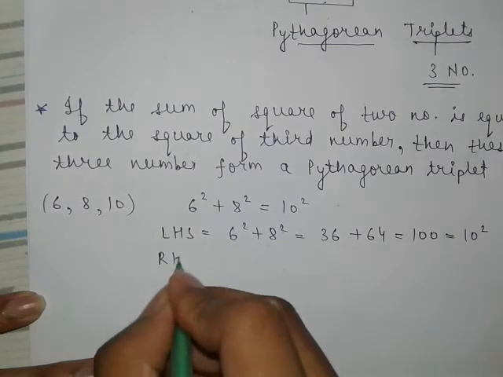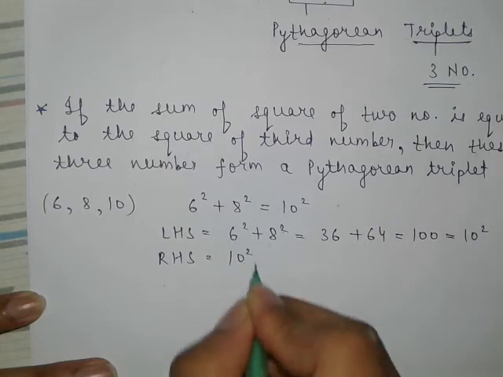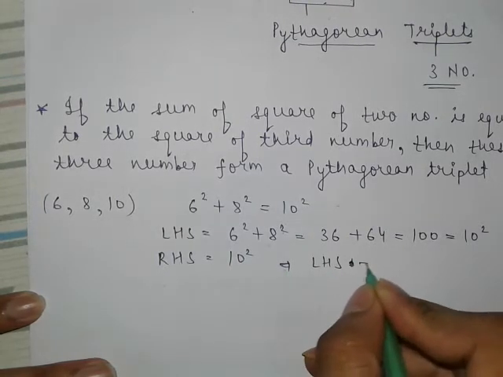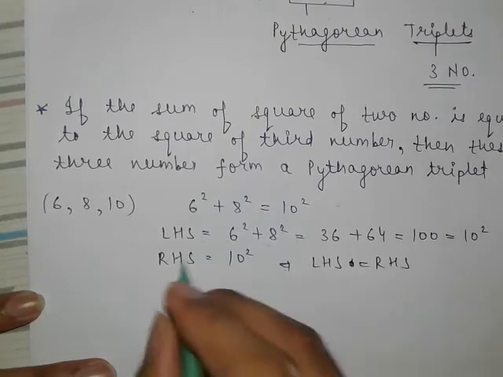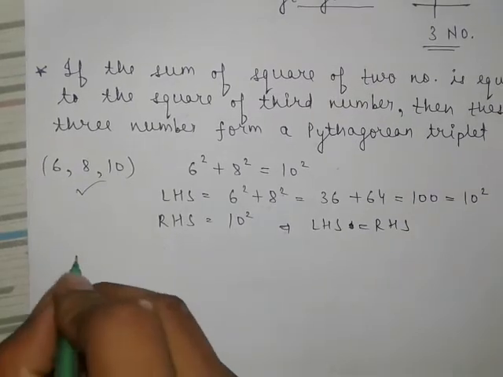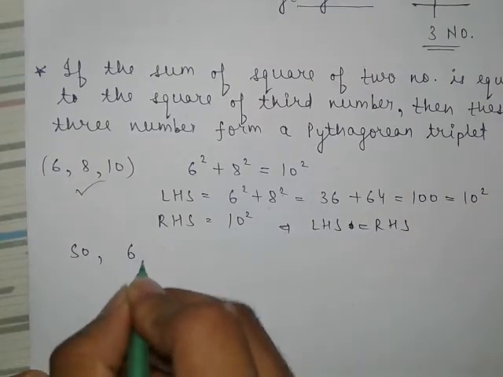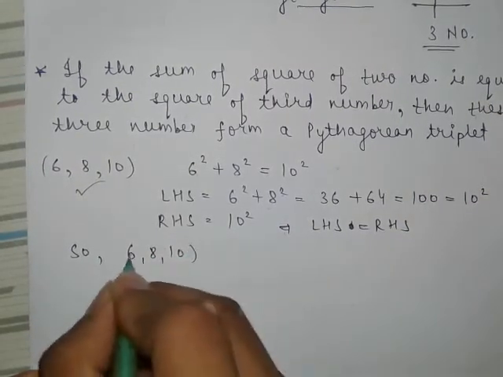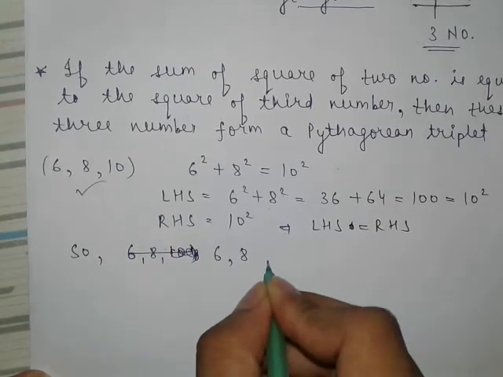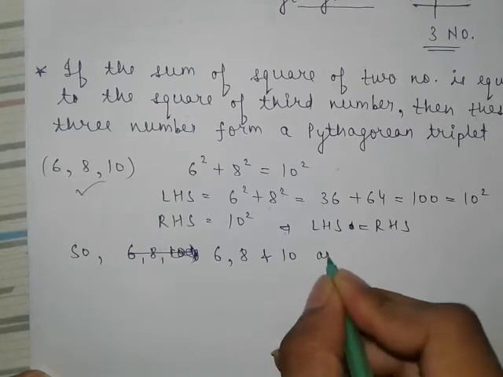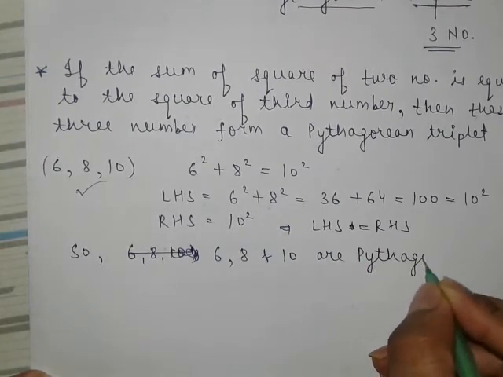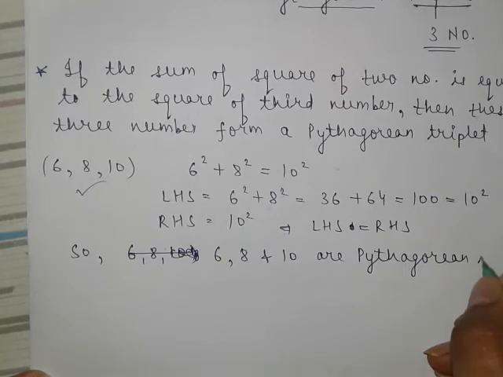So RHS is 10 square. So LHS equals RHS. Then we can say that this is a Pythagorean triplet. So we will write: 6, 8 and 10 are Pythagorean triplet.